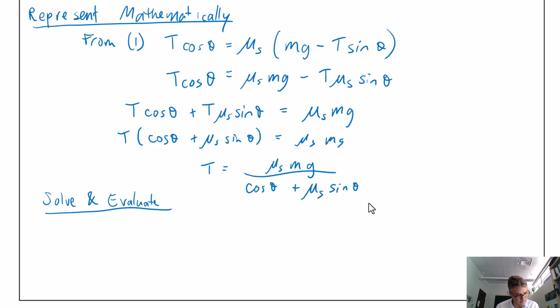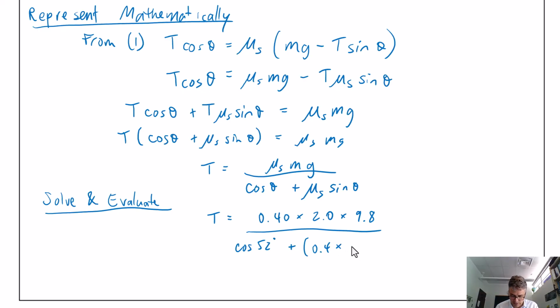So mu sub s is 0.40, multiplied by the mass, 2.0 kilograms, multiplied by g, which is 9.8, divided by cosine of 52 degrees plus 0.4 times the sine of 52 degrees.